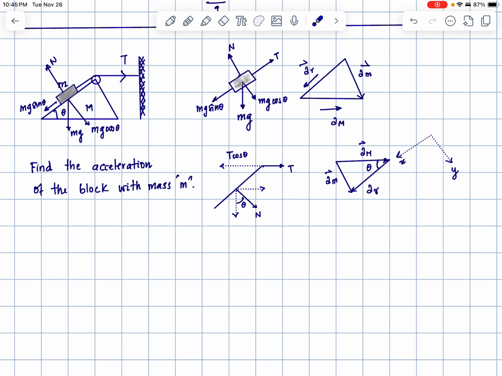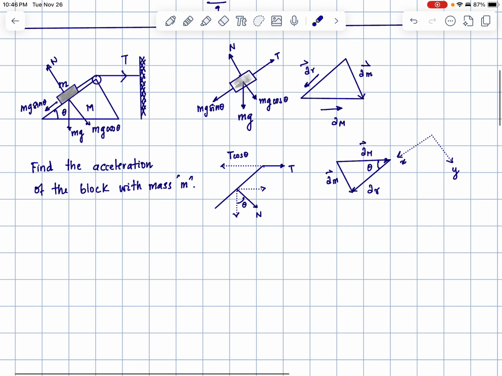In this video, we will look into a relatively interesting problem that involves a block that is held by a string, okay, that's anchored to the wall, but this block slides along the inclined plane, and the inclined plane is free to move on a frictionless surface.